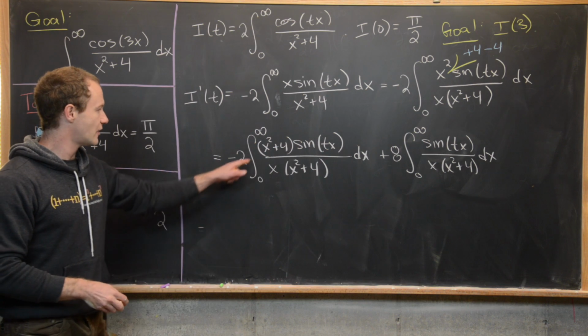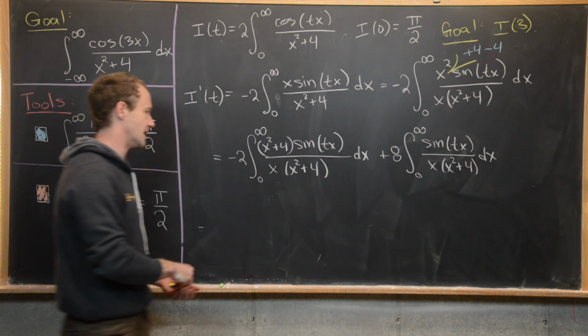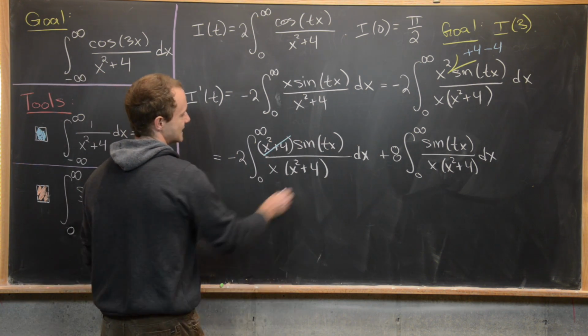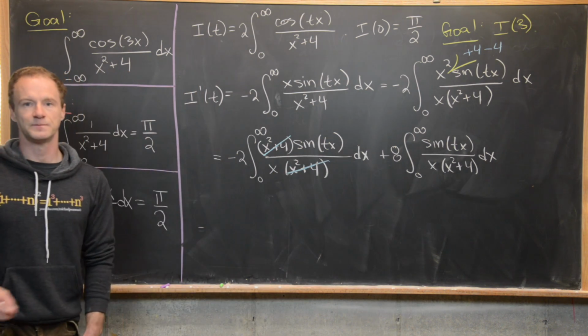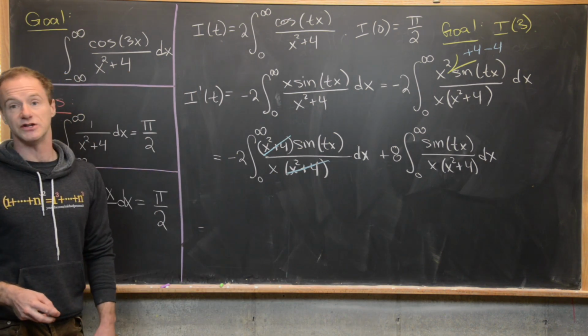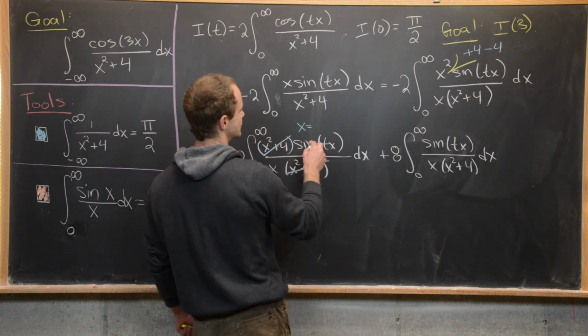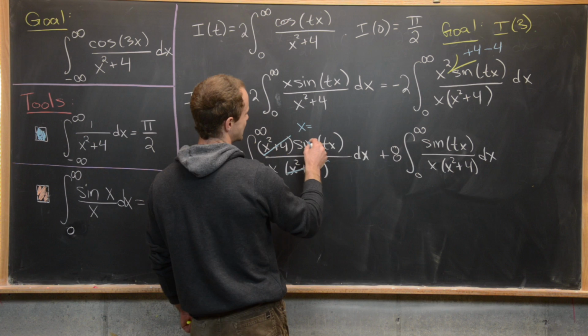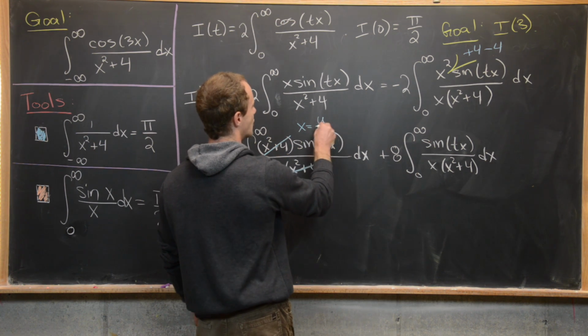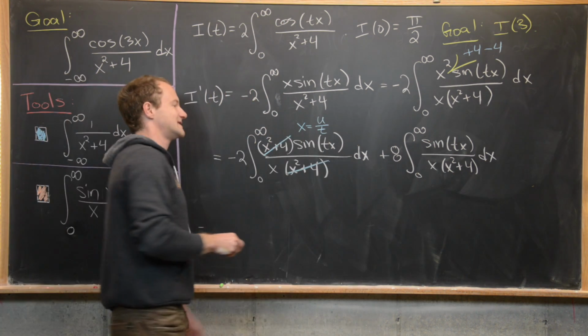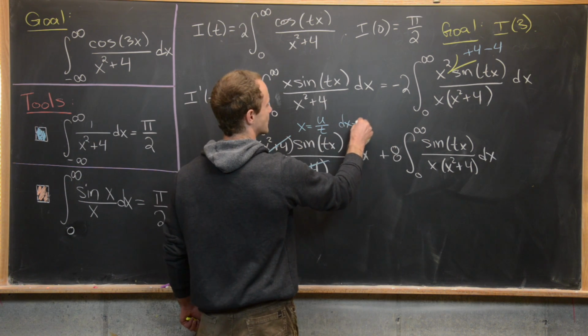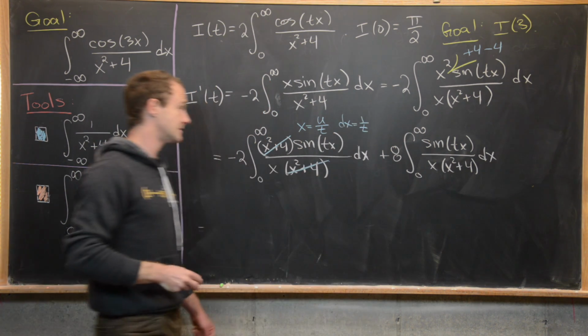So now what I want to notice is I can simplify this quite a bit. I can simplify this by canceling these out. And then the next thing that I can do is make a u substitution. So maybe we'll set u equal to tx. In other words, we have x equals u over t. So that means that dx is going to be 1 over t du.